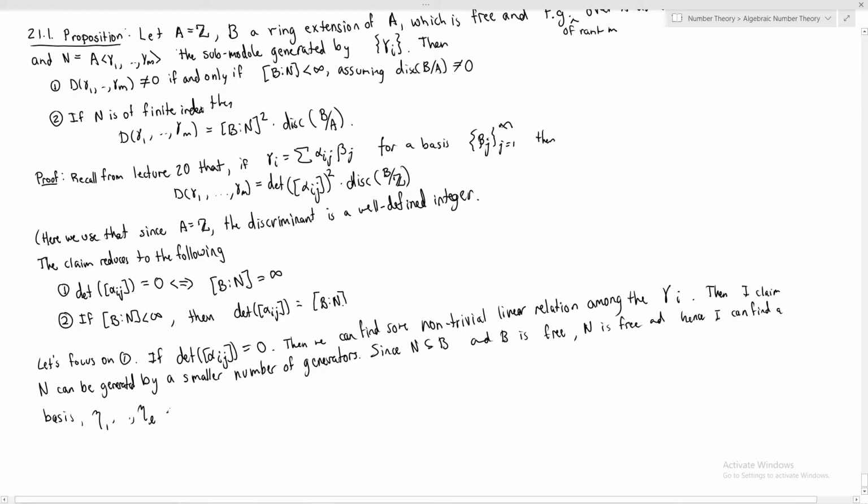So I know I can write, since these things are in N, eta i equal to some, let's say, sum of c_ij gamma j, and since these things are a basis for N, I can write gamma i equals the sum over d_ij eta i.